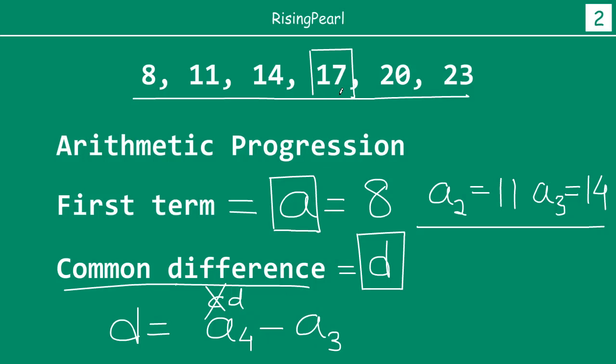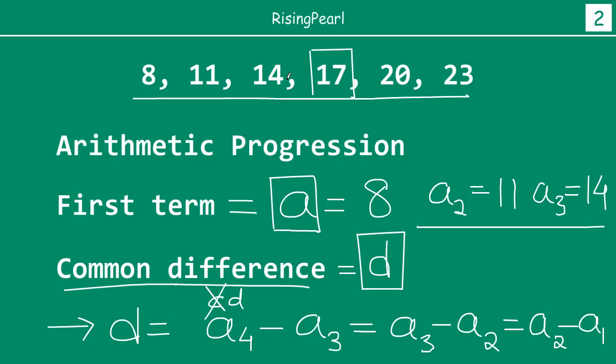That is, if we take any term and subtract the last term from it, that gives us the common difference. So D is equal to A4 minus A3, which should be the same as taking the third term and subtracting the second term from it. Or similarly, taking the second term and subtracting the first term from it.